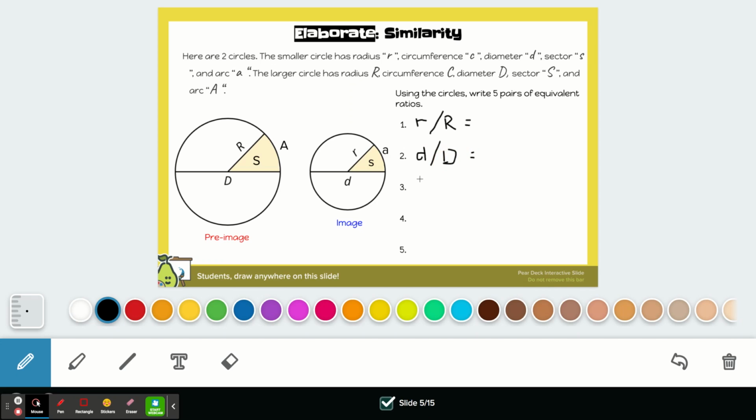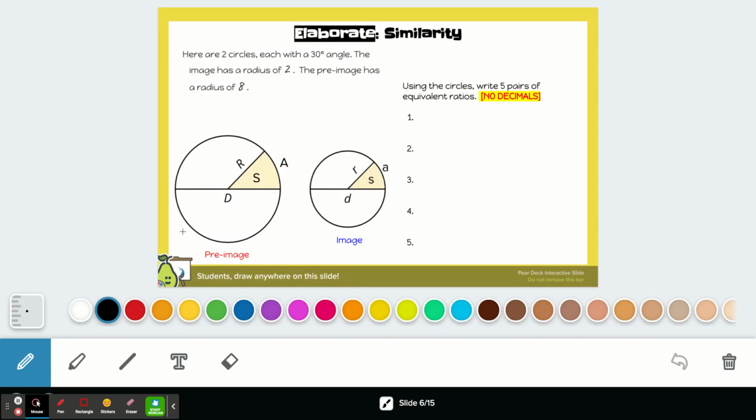I will have lowercase s over capital S. I will have lowercase a over capital A. And then I will have lowercase c over capital C. So those are my 5 equivalent ratios, right?